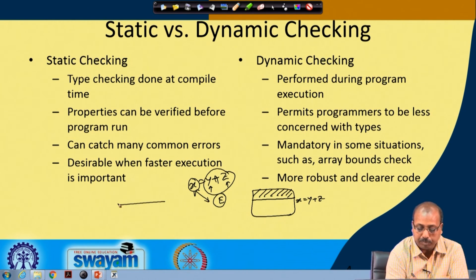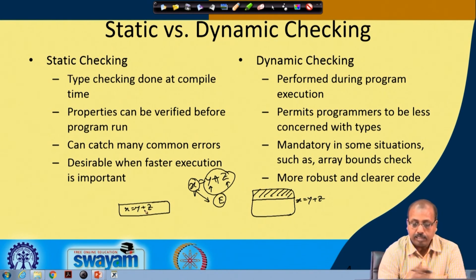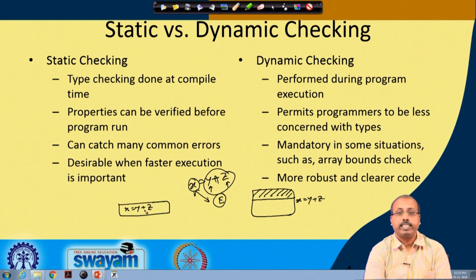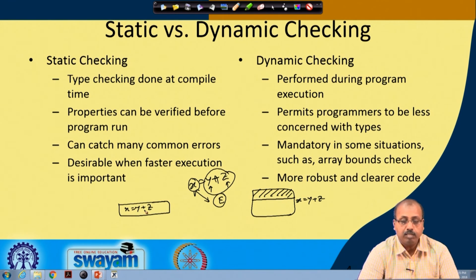I will only have the code which does x equal to y plus z, knowing fully well that the compiler has statically checked the types of x, y and z and found that they are okay.